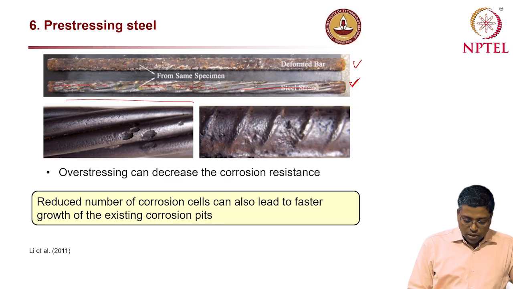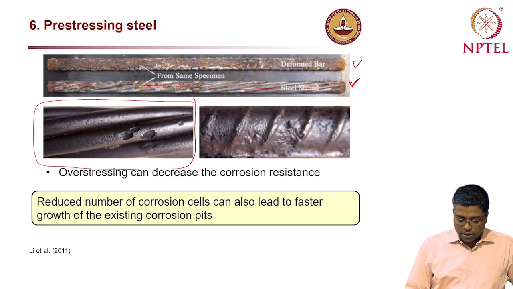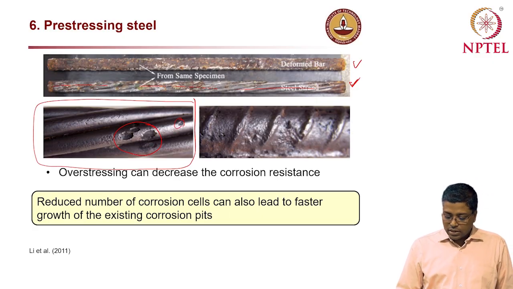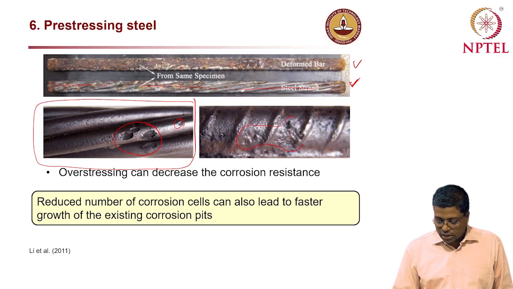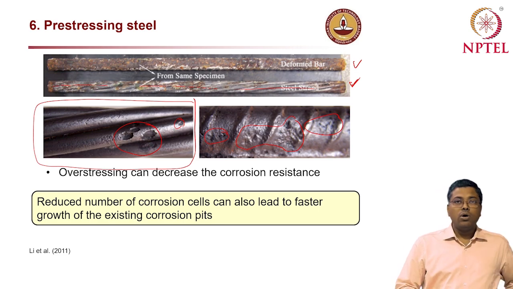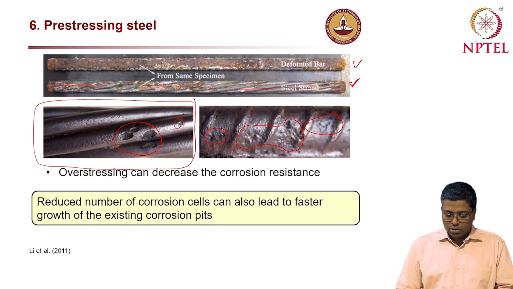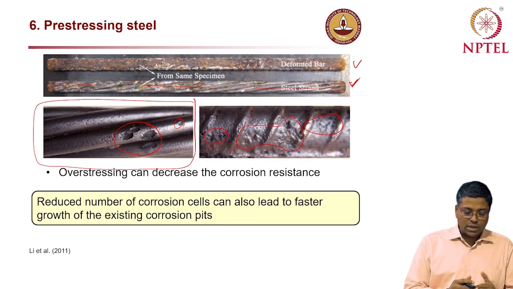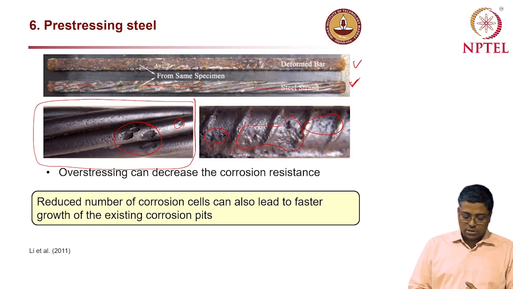And the close-up image is shown here, where you can see that there is a severe pitting happening locally, not everywhere, but very locally. As in the case of the conventional reinforcement, you can see that the number of locations of pits is much more, or it's spread more along the surface of the steel as compared to that happening on the prestressing steel.